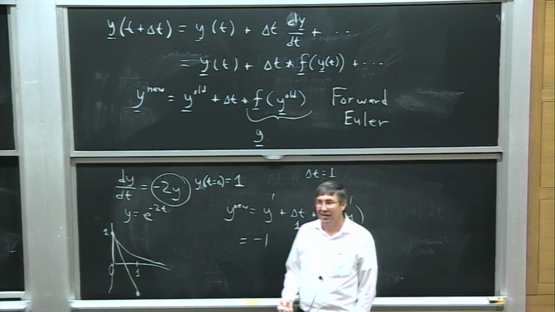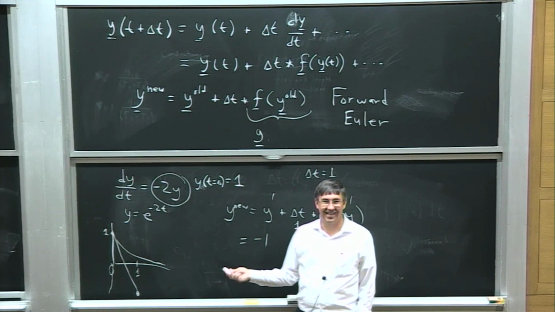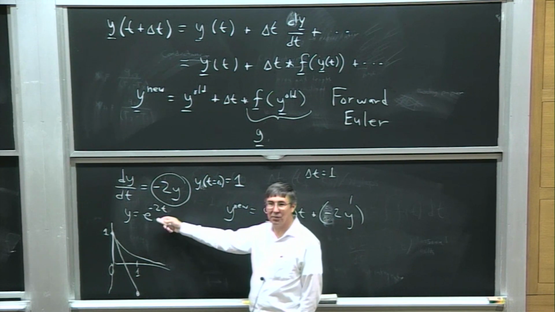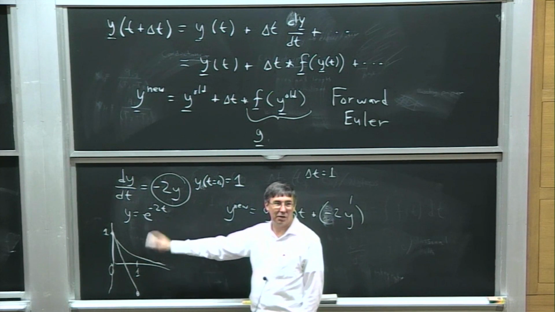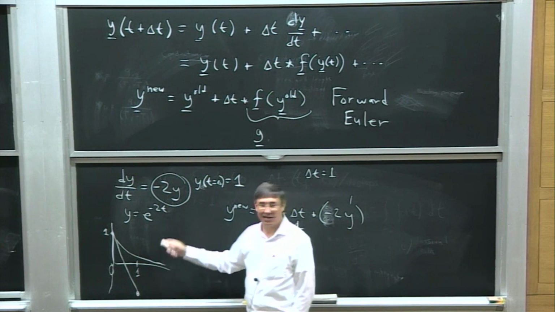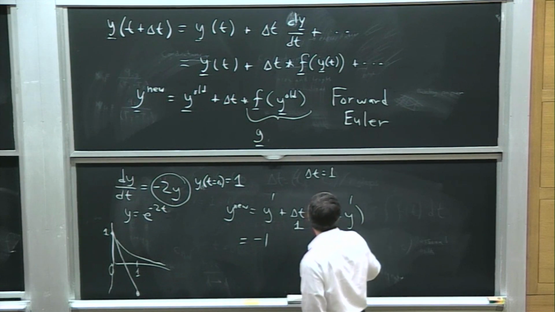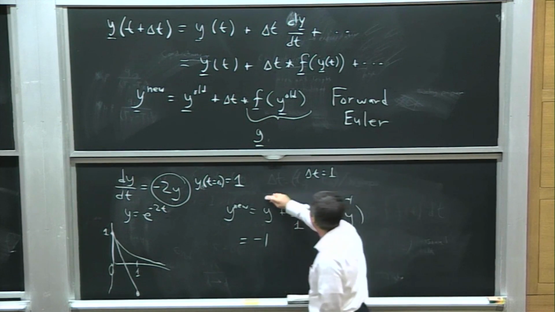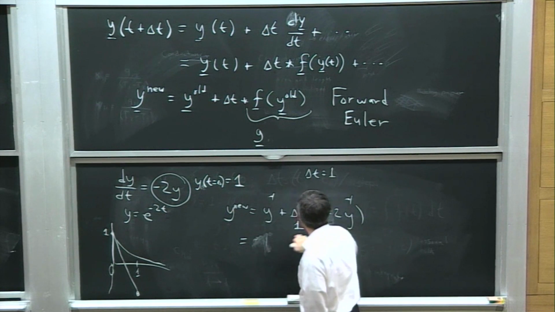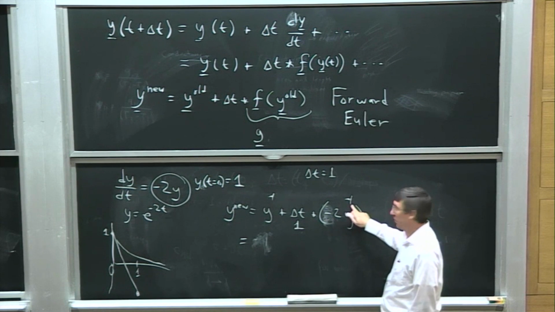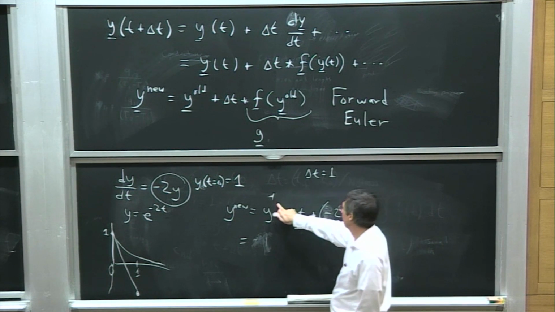So at the first step, it goes from here down to there. Okay? This is not looking good. This is some physical variable that's supposed to be gradually relaxing towards 0. It going negative is not what you want. All right, and then we could go to the next step. So we can put in, suppose y is -1, and we're still doing a delta t of 1 step. So -1 times -2 is +2 plus -1.